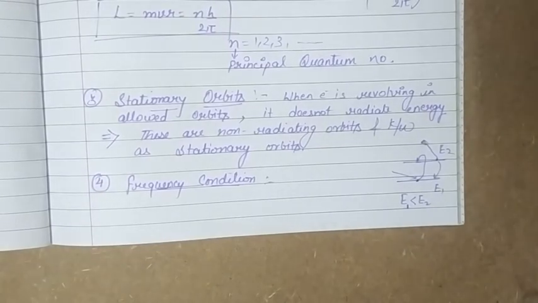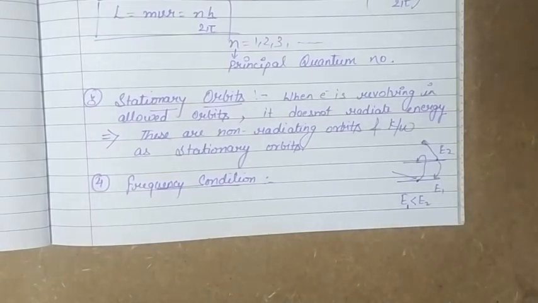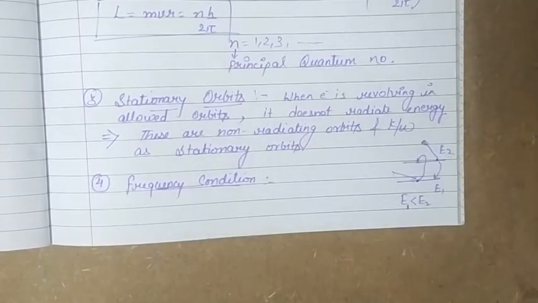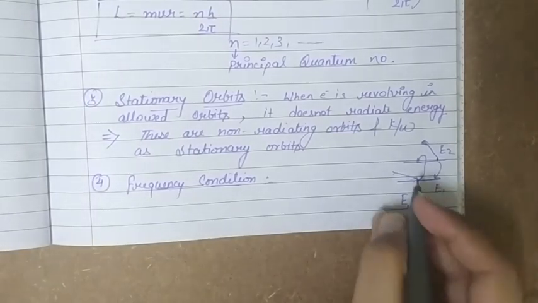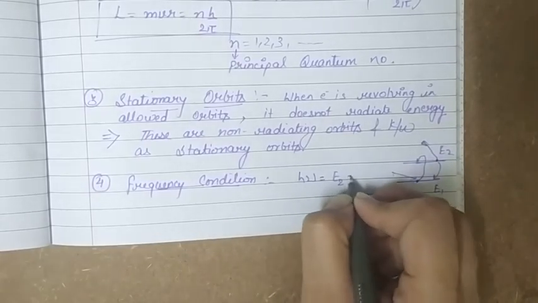According to Bohr, these transitions, the emission or absorption of radiation, are in the form of photons, which are discrete, not continuous. The emission and absorption of radiation is in the form of discrete energy photons when electrons jump from a higher to a lower orbit or from a lower to a higher orbit, where the frequency of the photon is given by the difference of these energy levels.